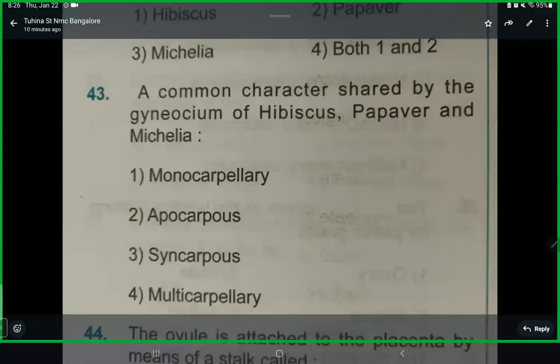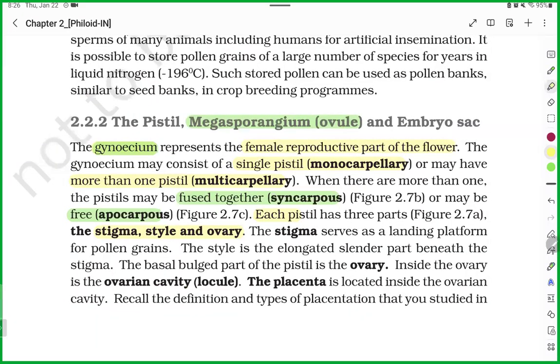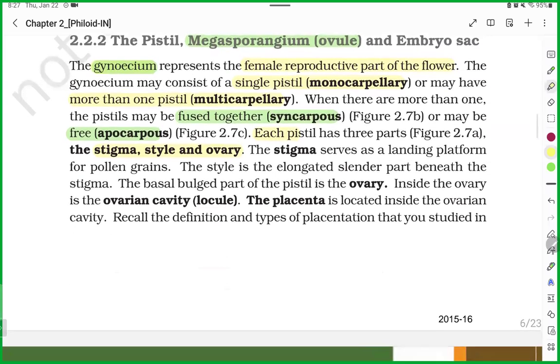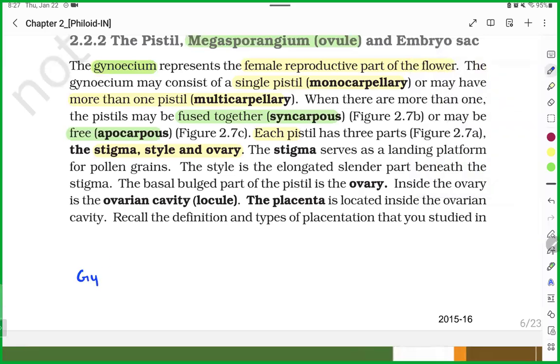Understood? Yes sir, understood. Because both apocarpous and syncarpous come under multicarpellary. Anybody have doubt? Both come under multicarpellary. It's like if you make this hierarchy, you have gynoecium.